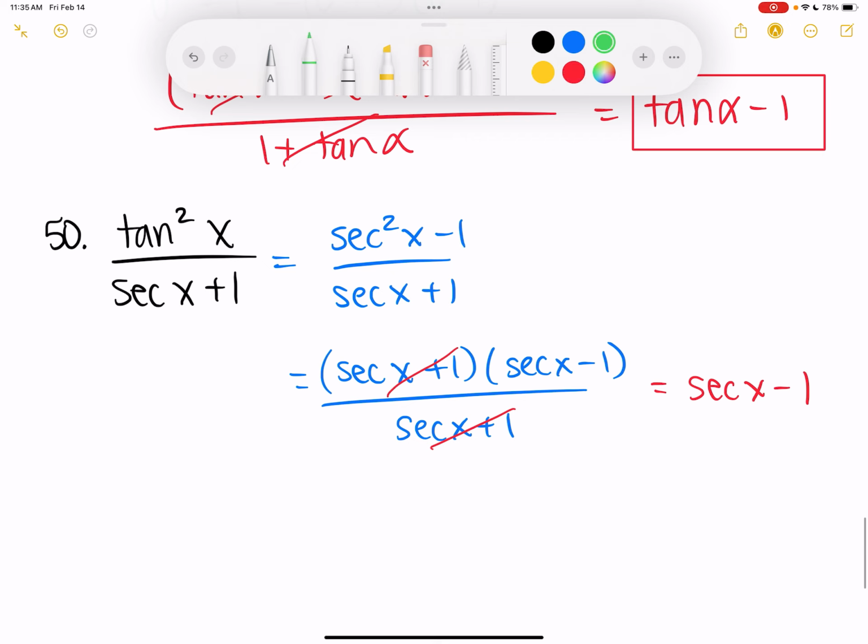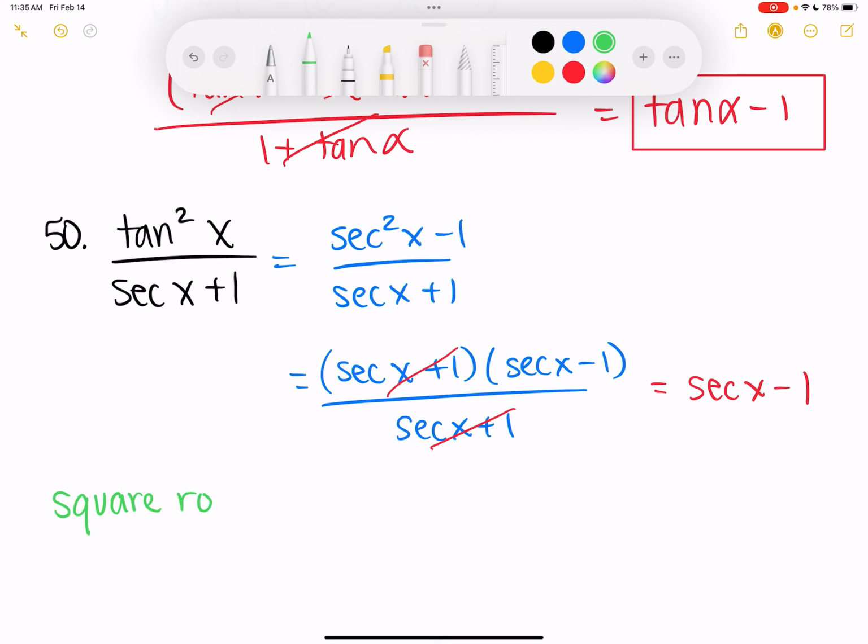All right, then last thing in this section is taking the square root of a trig function. This is a little note that you probably didn't have in your notes.